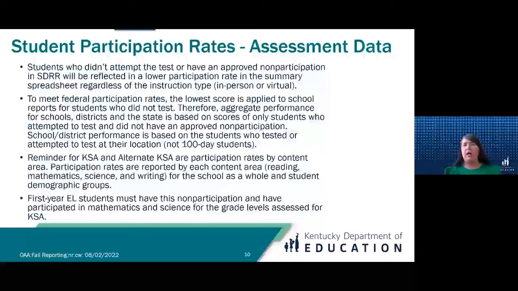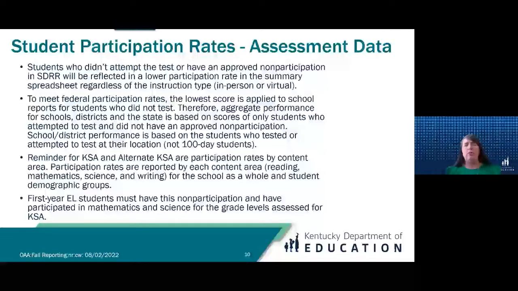Then let's talk about those spreadsheets and the participation rates. That's based on assessment data only, whether your student participated or not. Students who did not attempt the test or have an approved non-participation, whether you were in person or virtual this year, will be reflected in a low participation rate in the summary spreadsheets, regardless of your instructional type.